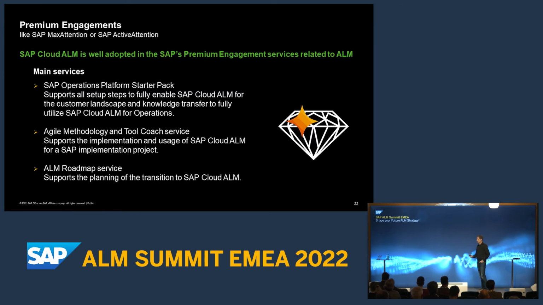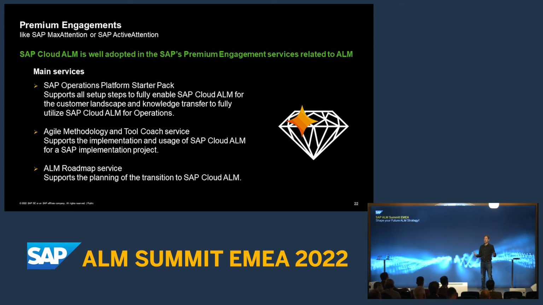Then let's come to premium engagements. Premium engagements are also considered a kind of support offering because they came from the support organization. With premium engagements, I mean SAP Max Attention and SAP Active Attention.